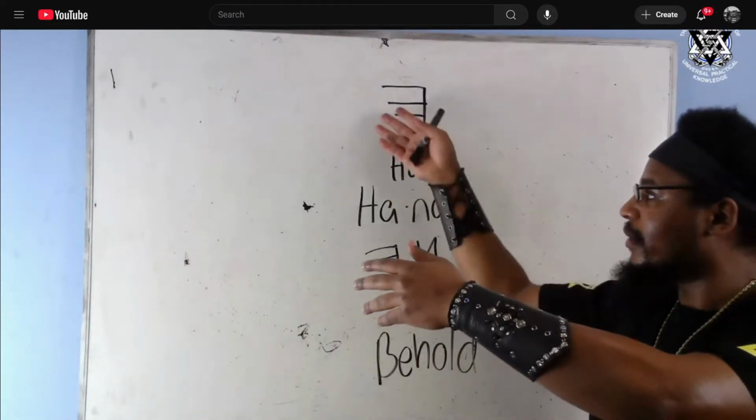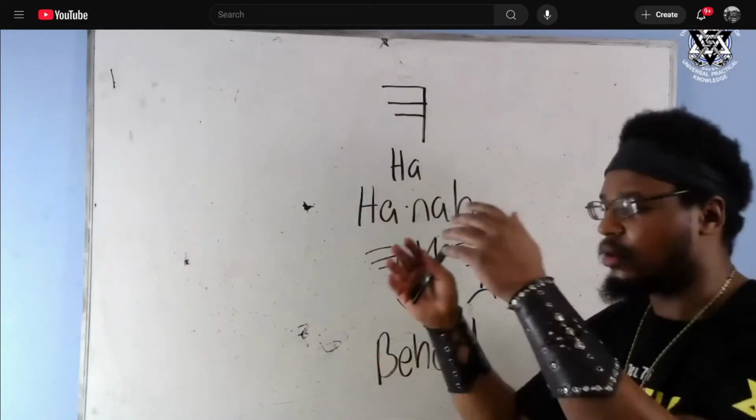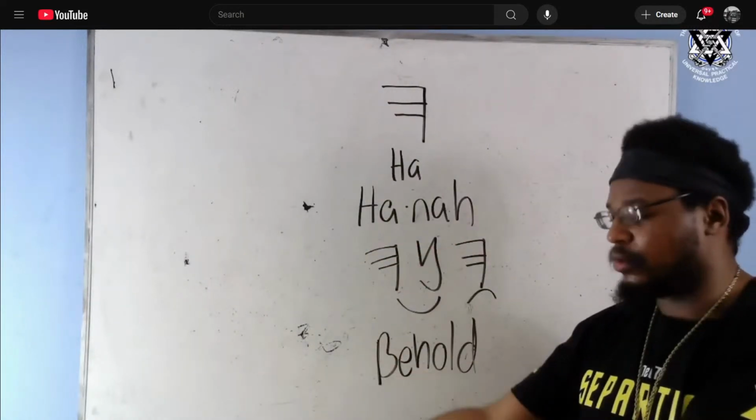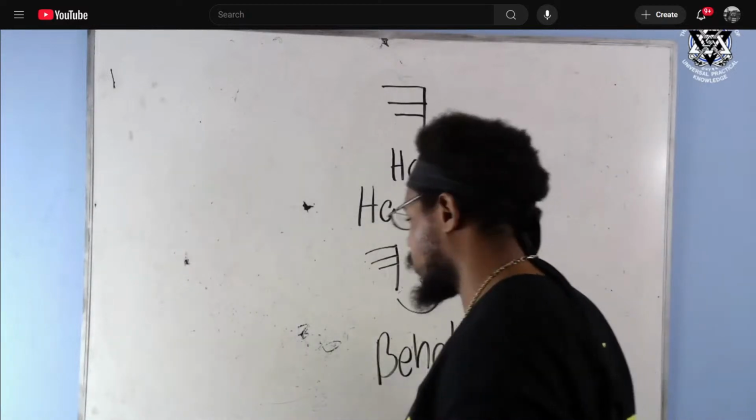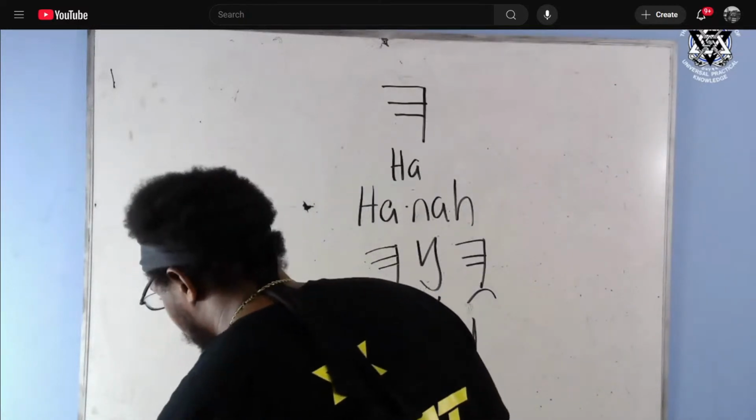Those would be the arms, and be like behold, and then you look at whatever they were showing. Or it'd be like Hana.